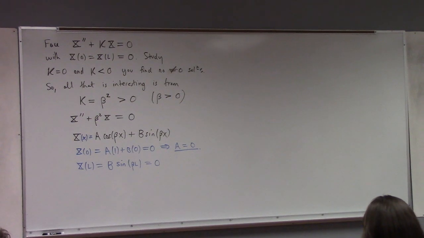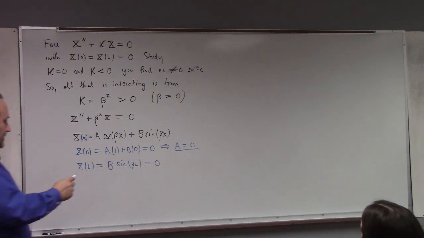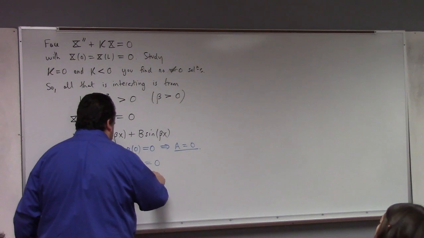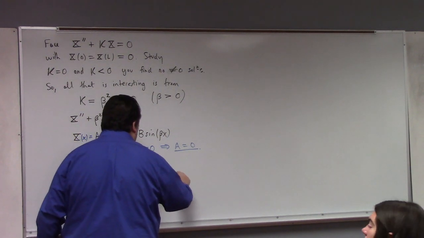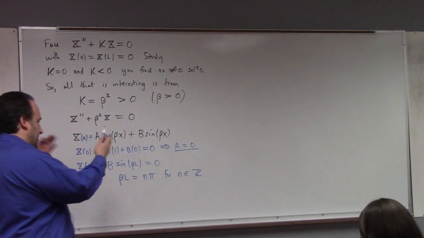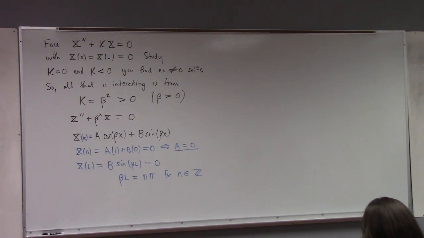We'd be in trouble if sine was never 0, but good news for us, sine is 0 infinitely many times. So we've got infinitely many workarounds to that equation. Anytime you've got beta L equal to, how about n times pi, for n an integer, that's the solution that allows for b to be non-zero.